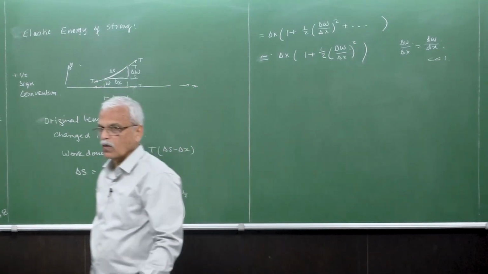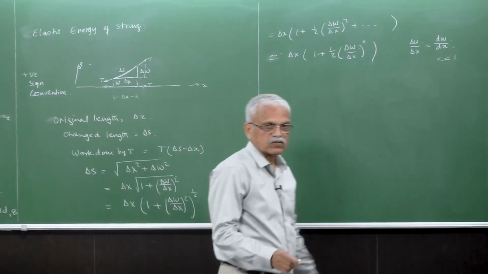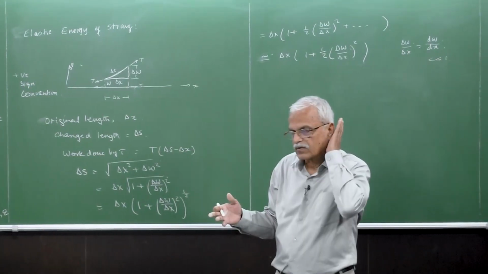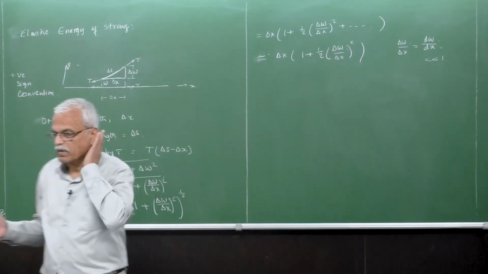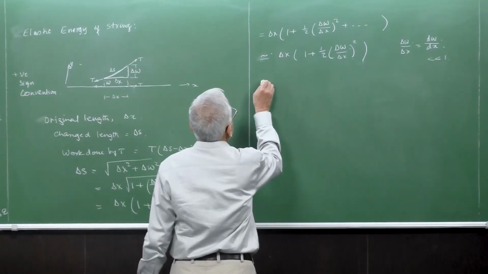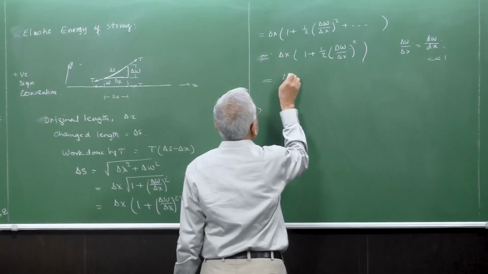This slope dW by dx is nothing but the slope of the string. So the string is essentially horizontal, and it's going to be a very, very small value. So if this is so, then I will just write it here.